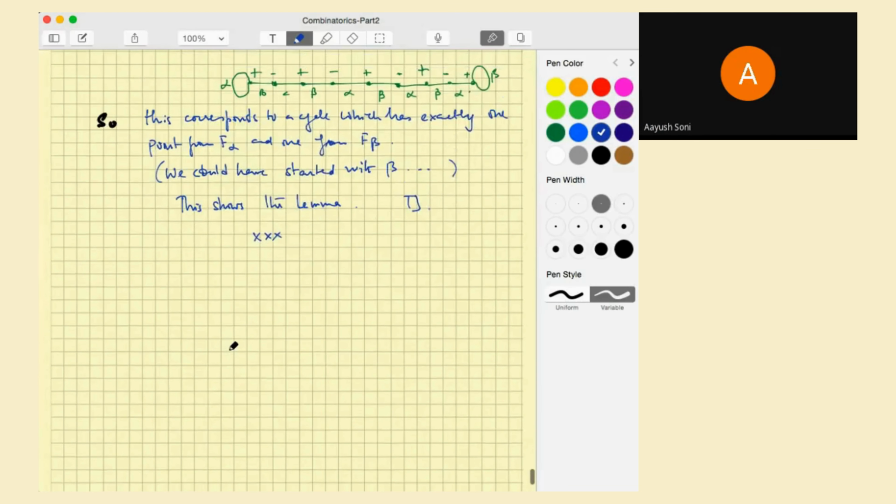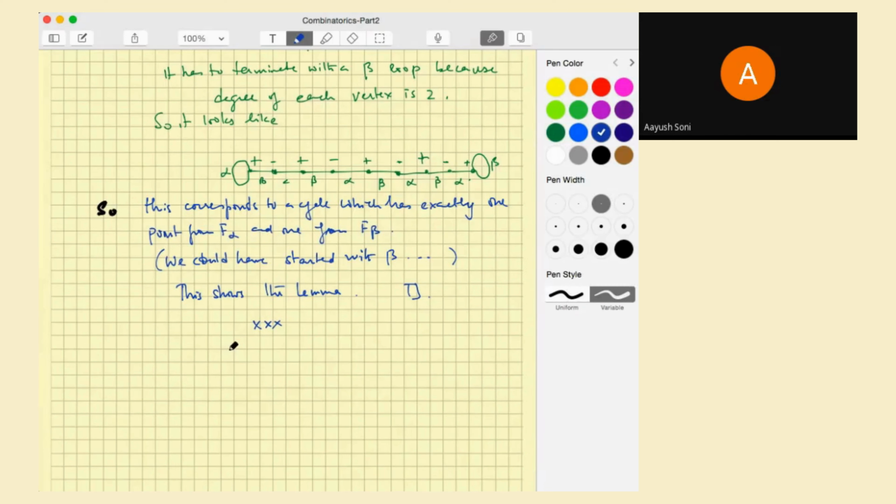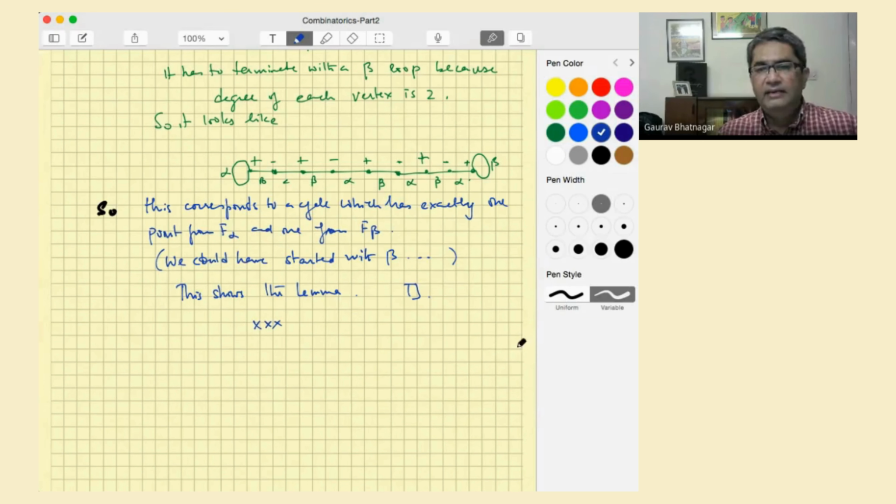Oh, Professor, just a small clarification regarding when we consider that loops contribute one to the degree. When we talk about just normal graphs, in that case we consider a loop to be contributing two to the degree, right? Yeah, we have to.